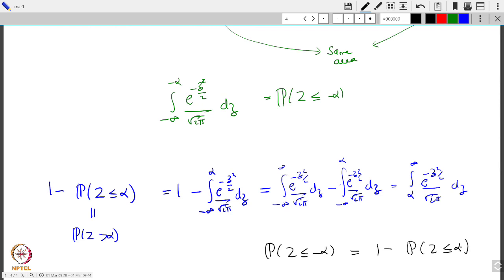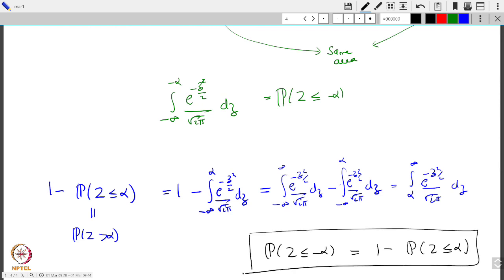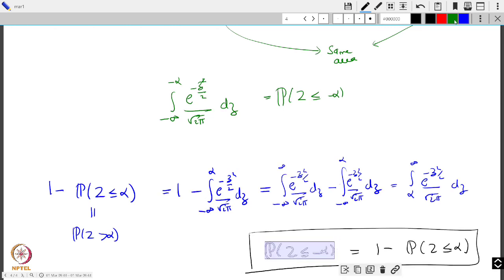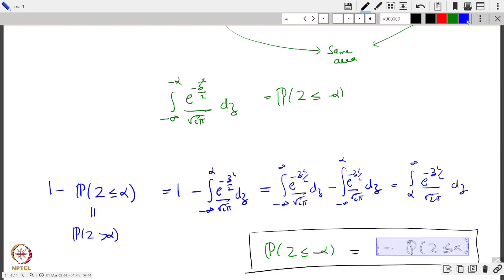So minus alpha and alpha have this relationship. This is the green area and this is the blue area, a unique property because of the property of the density function.